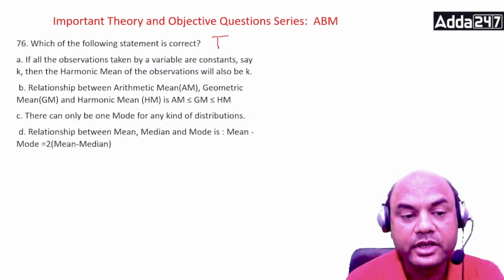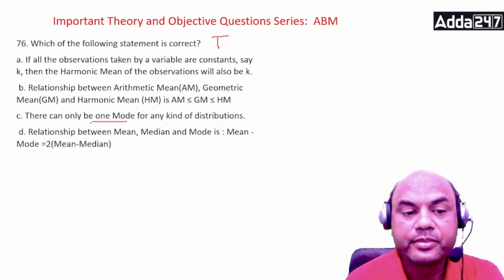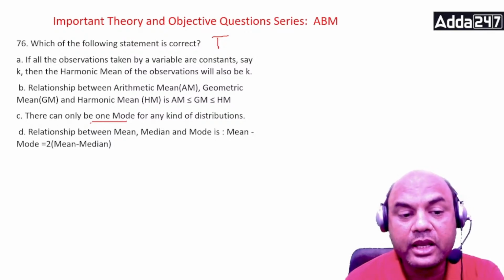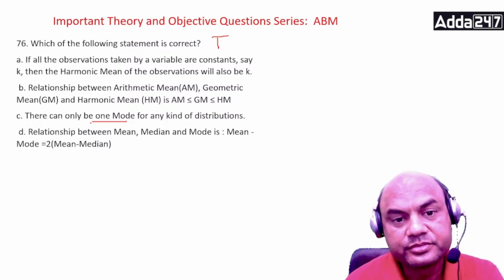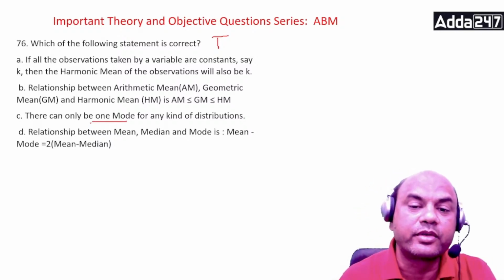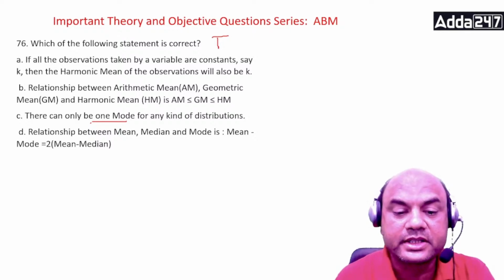Only one mode. Is it true? The relationship between mean, median and mode is mean minus mode equals 2 into mean minus median. Is this so? Answer it in the comment section, everyone. Which one is correct?